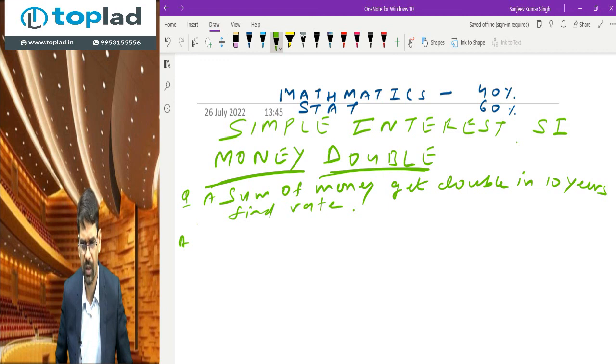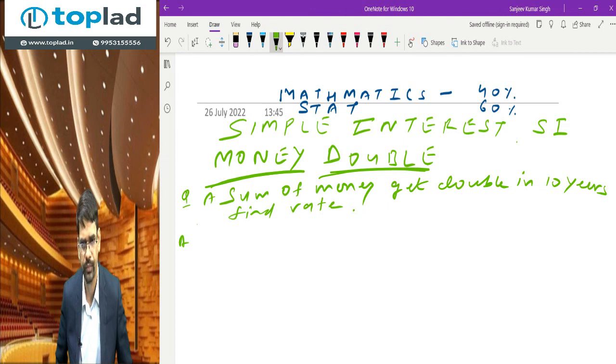For today's class, my focus area is each and every student across India, whether in south, north, east or west, all regions.